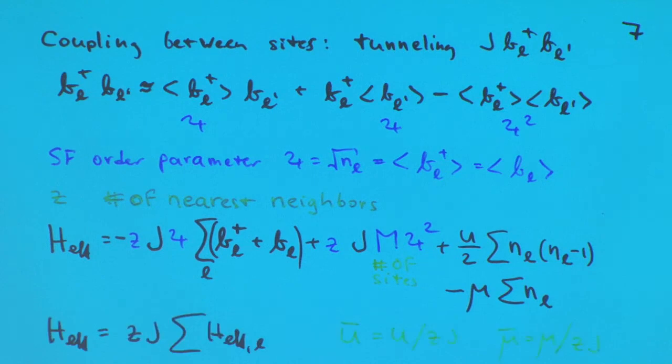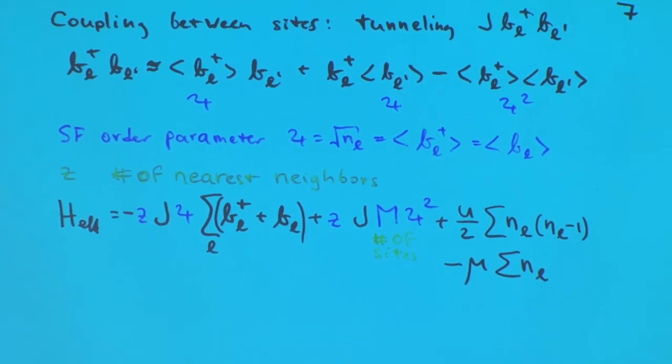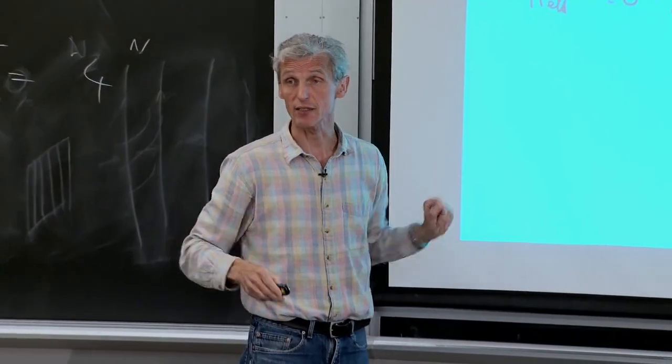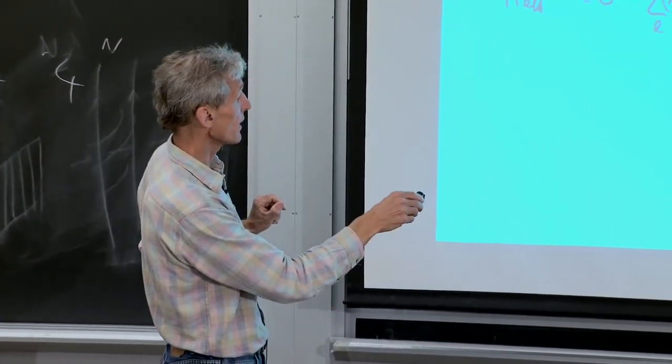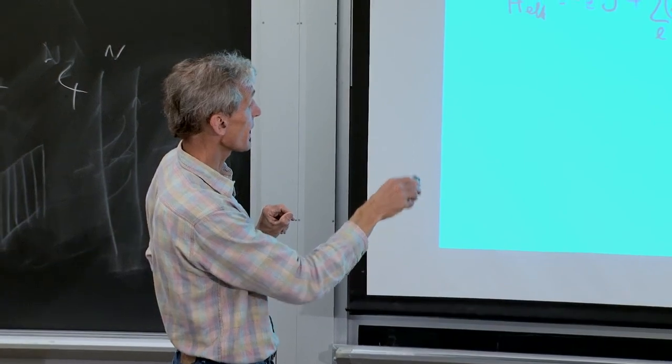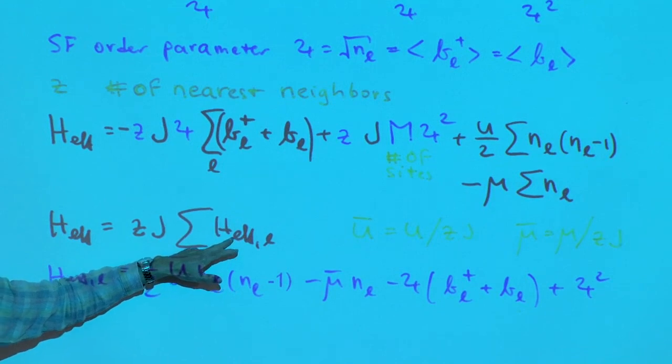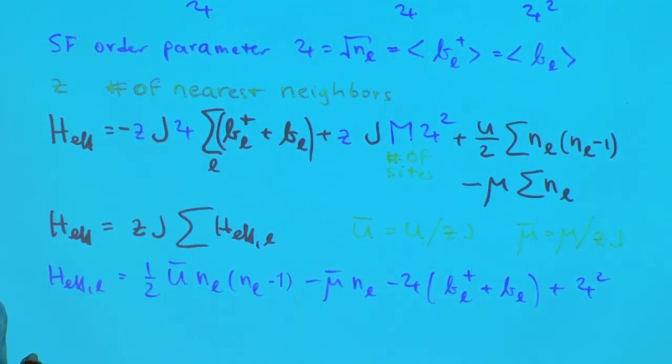So what we have gained now is something really dramatic. We had many sites and tunneling from site to site, but if you look at it now, we simply sum the effective Hamiltonian over site index L. So our effective Hamiltonian is now the sum of an identical Hamiltonian per site. The sites no longer interact with each other.